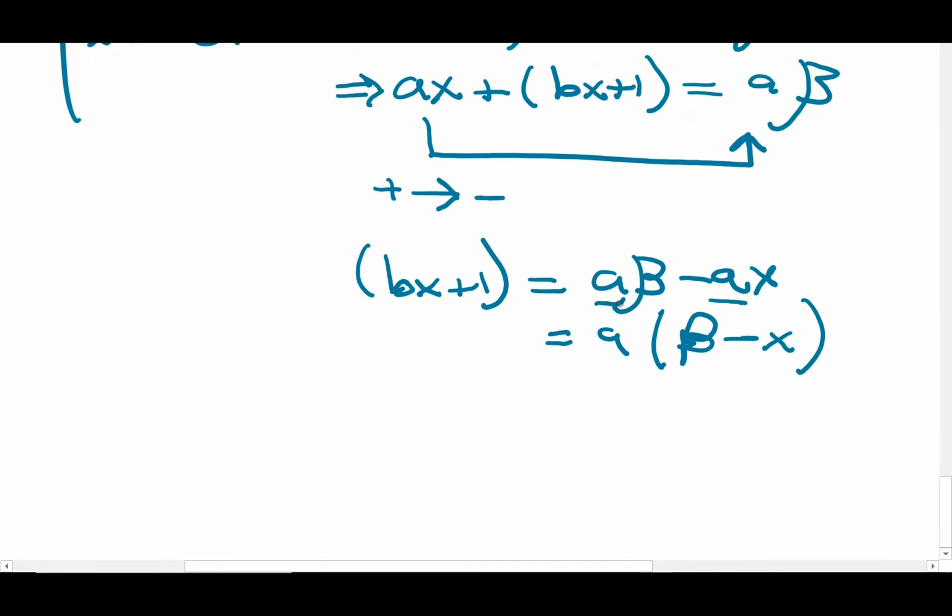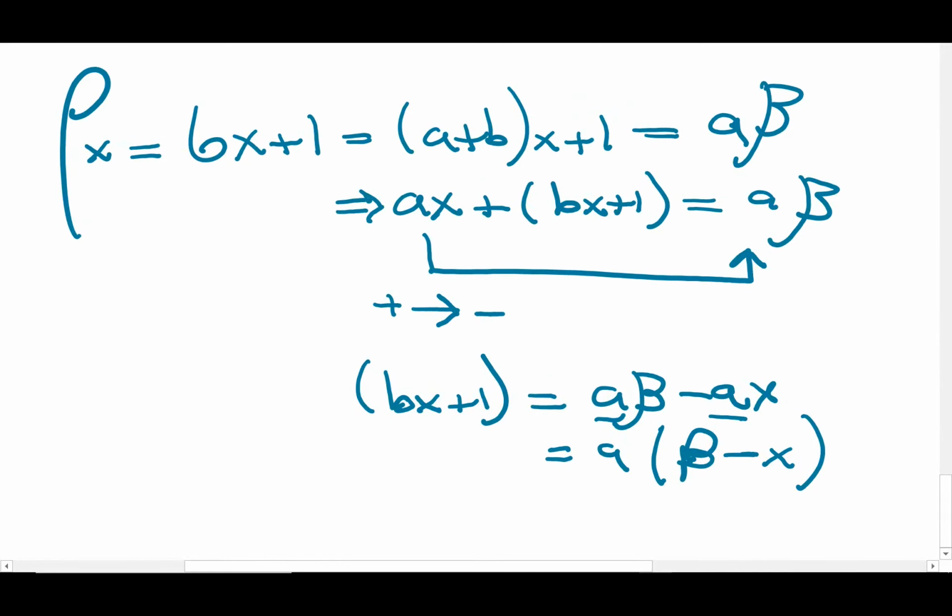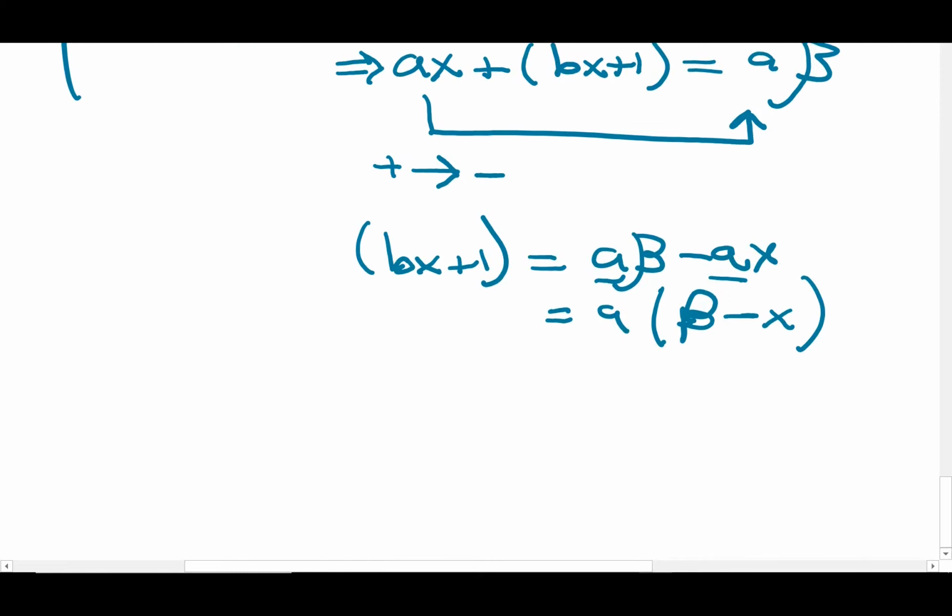Now notice that the key here is, by relating this, we know bx plus 1 equals a times beta minus x.